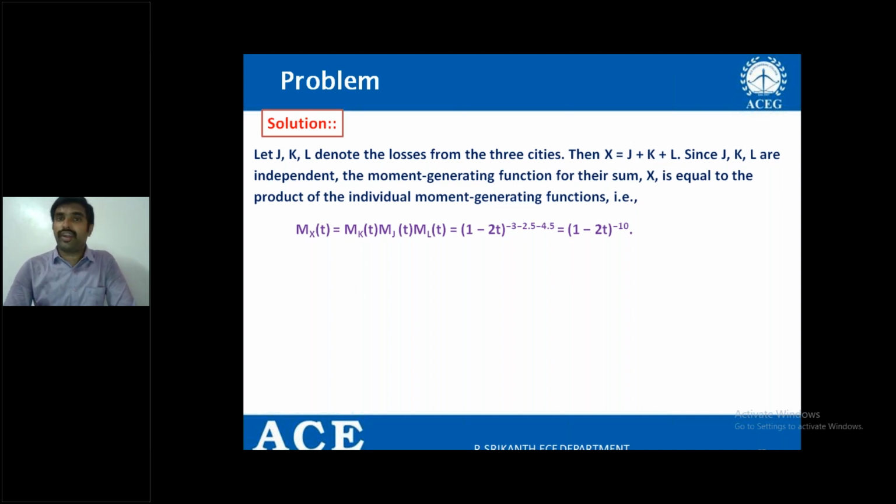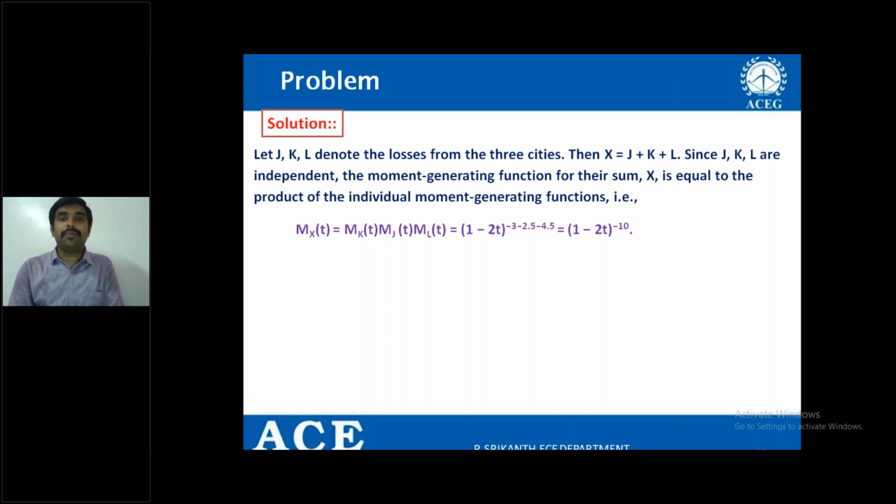So what are you supposed to find actually? Expectation of X cube. How do you find? We have the relation between moments and the moment generating function. That is the differentiation of the moment generating function, and after the differentiation you need to substitute v equal to 0.